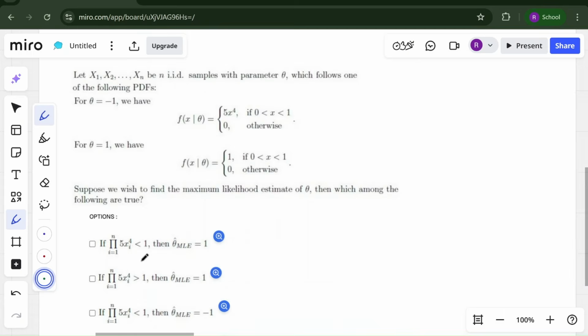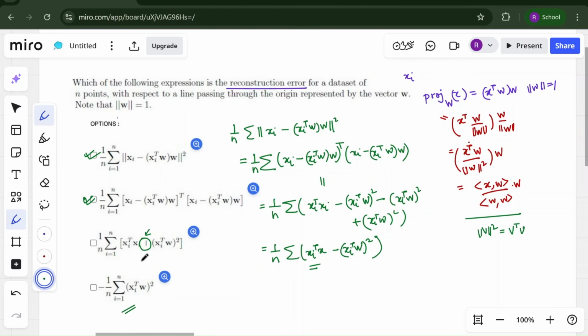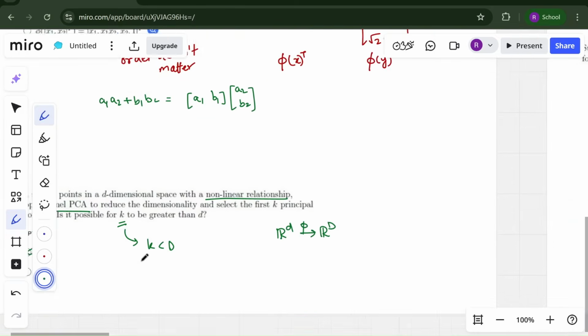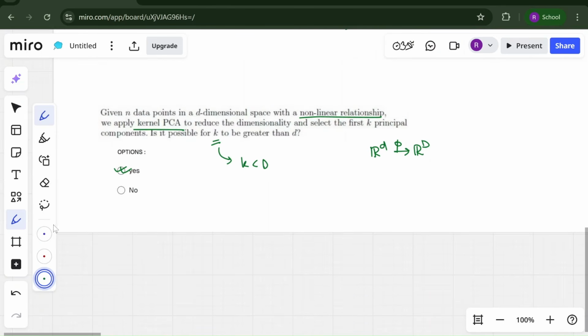So the idea is that, what is k? k is the number of principal components that you want to choose. Let's say you are initially in R2, then you apply a phi map, let's say to capture square features. Then you will end up in 4 choose 2, which is 4 into 3 by 2, which is 6.